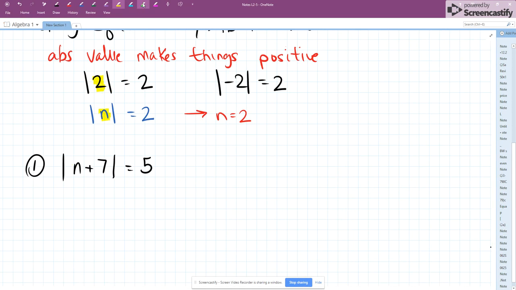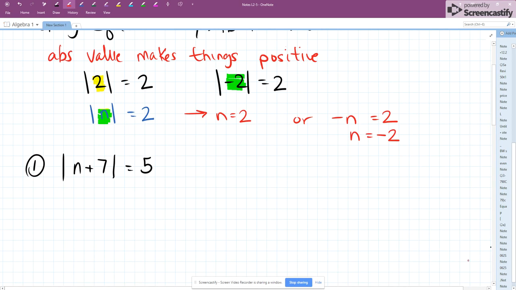Or there's a second option. This n value could be inside of here, the opposite of n. Or the opposite of n could equal 2, which means that n equals -2. So your answers are 2 and -2.